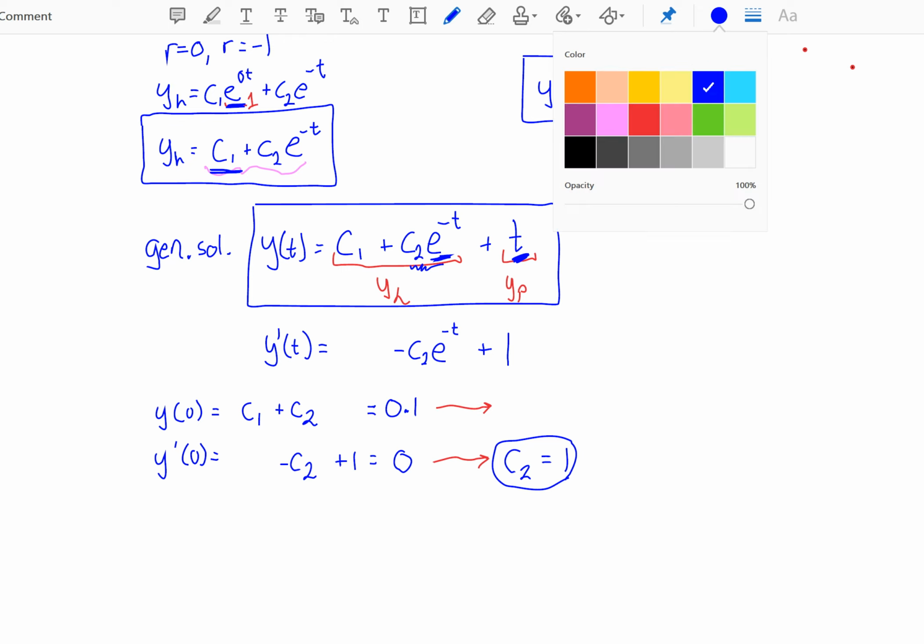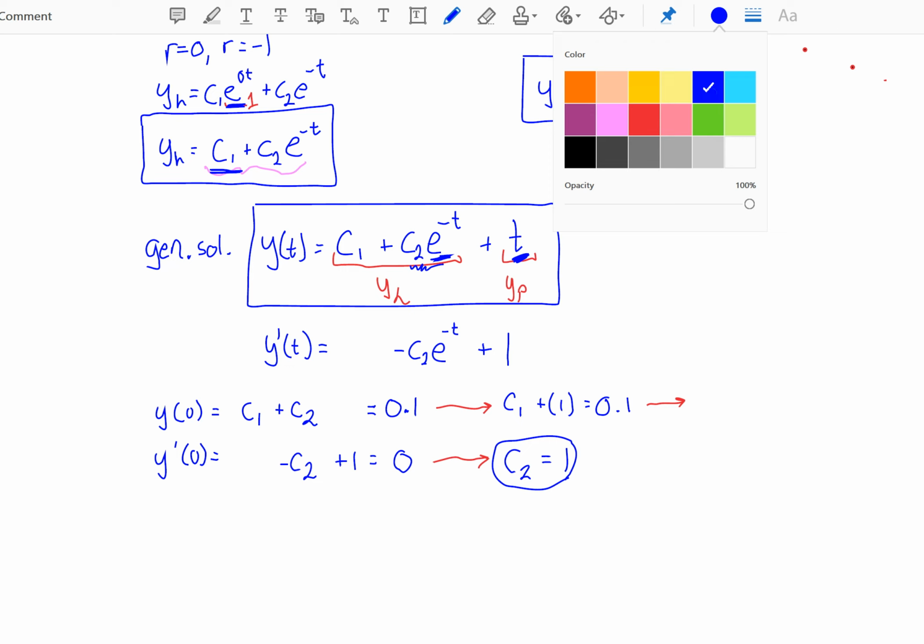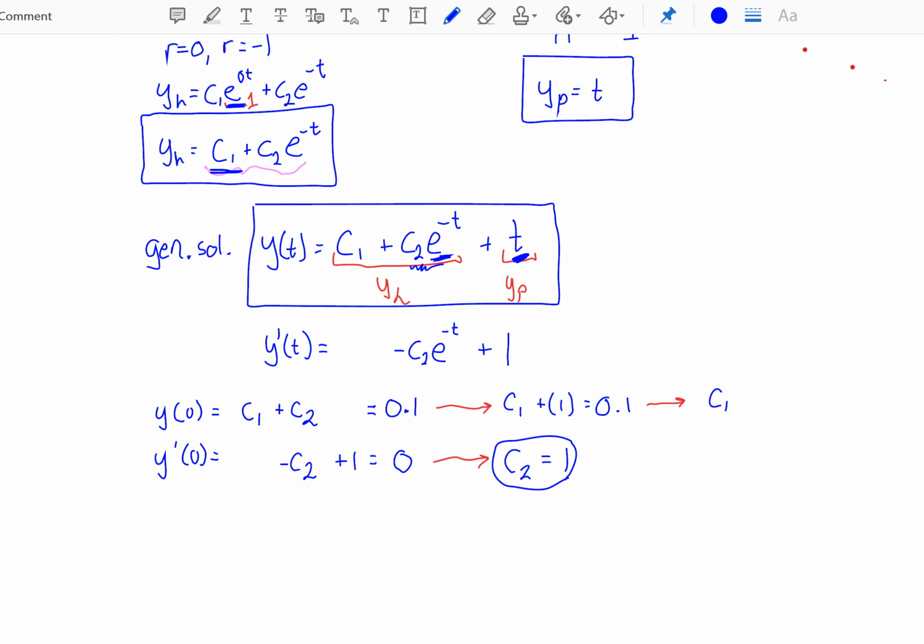But if c2 is positive 1, then we have c1 plus 1 has to equal 0.1. So that c1 has to be, if I subtract 1 from both sides, I think that's negative 0.9.